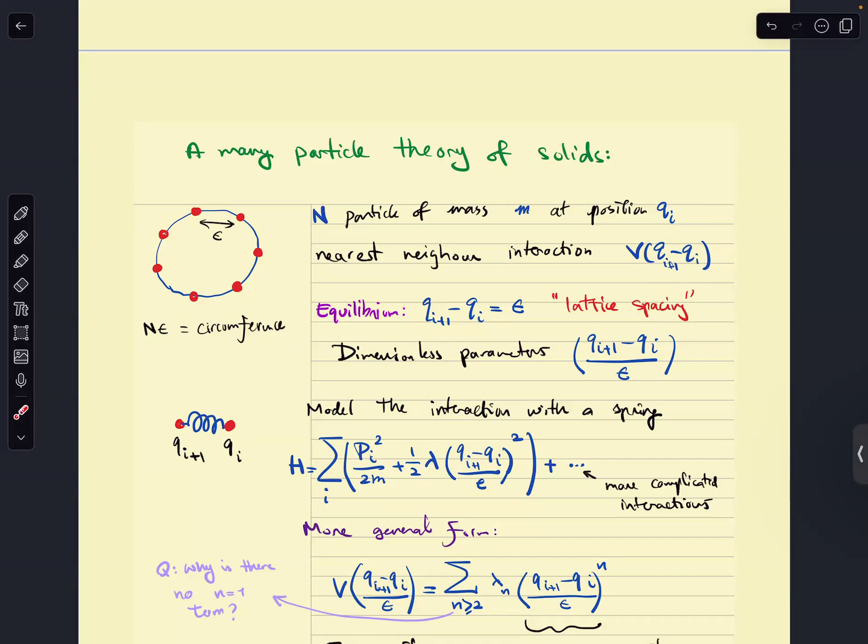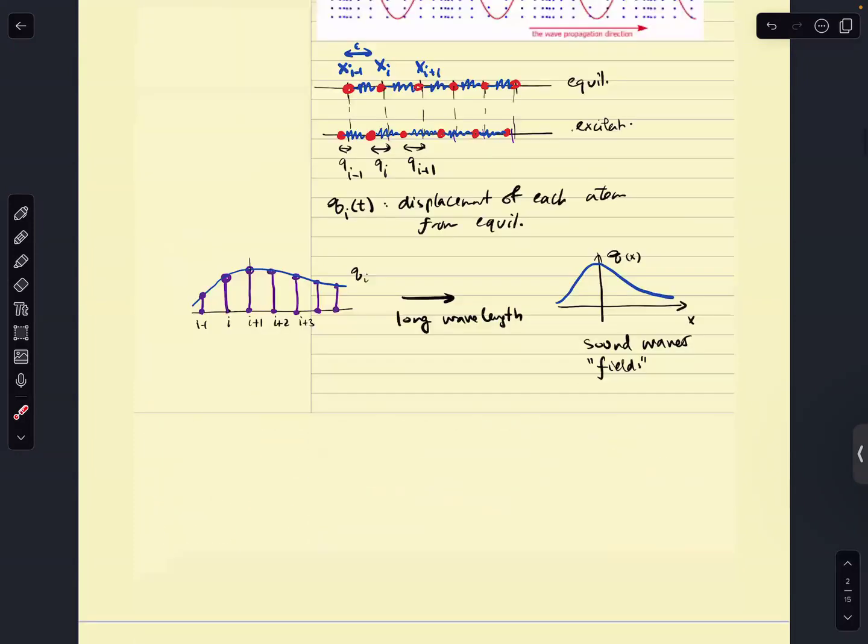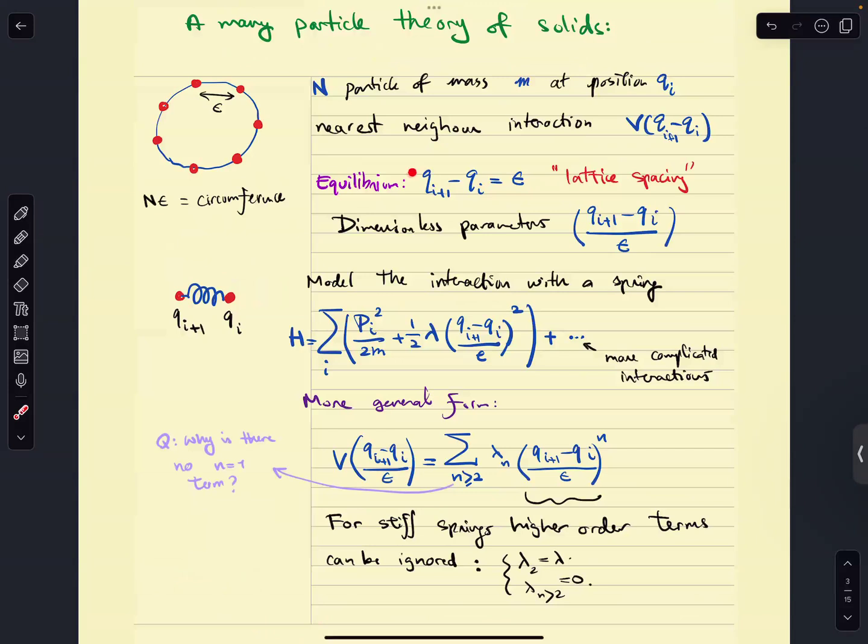Actually, no, I think in the convention, oh, okay, sorry. Yeah, here I'm using a convention where q is not the displacement from equilibrium per se. No, actually, that's correct. That's fine. All right.